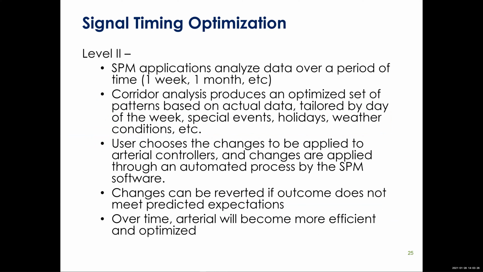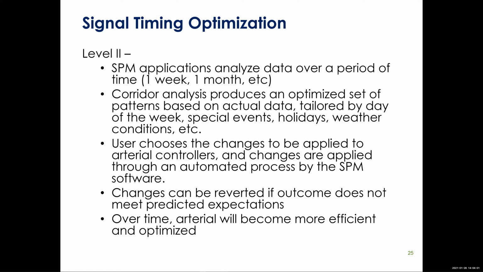So going to level 2, we take all that data and run it through some algorithms, link pivot algorithms, as well as volume to capacity analysis on all the data. And we look at that data over a period of 1 week, 1 month, whatever we choose. Once the analysis is run, we can take the actual data and tailor it for holidays, special events, any type of weather condition we want.